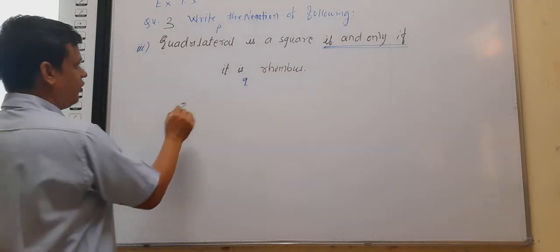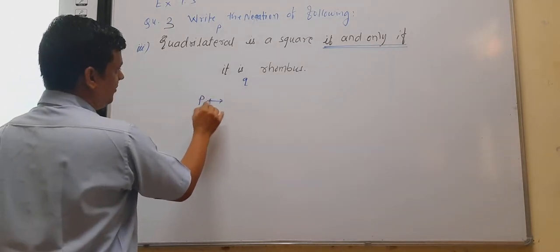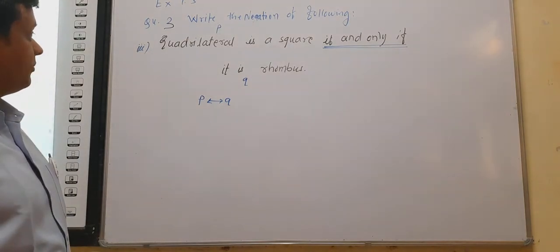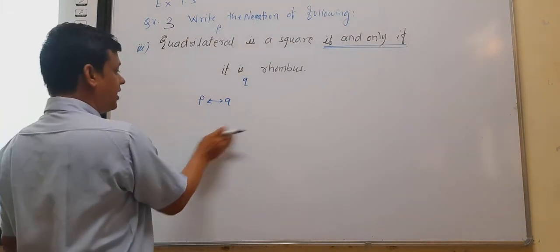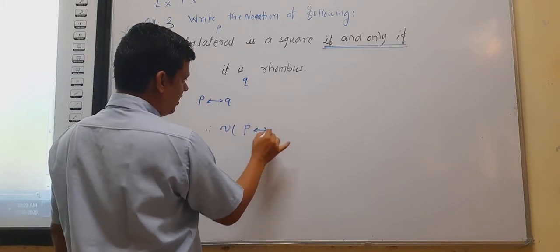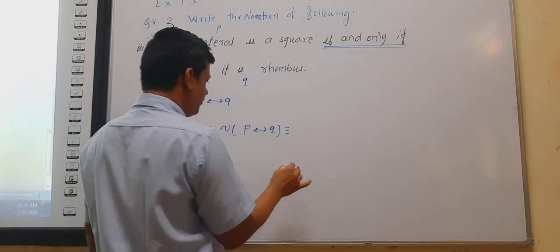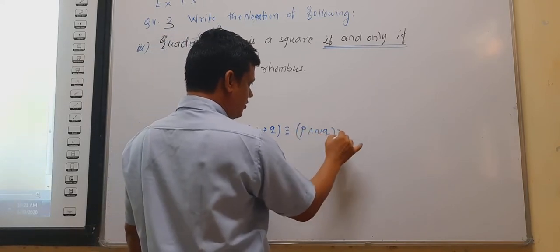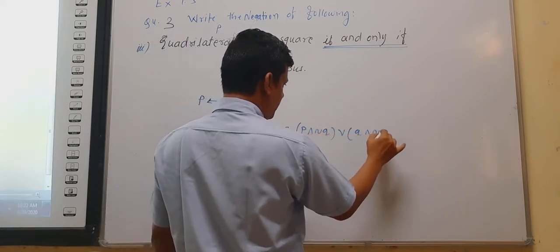So the symbolic form is P double implies Q. We know the negation of double implication: negation of P double implies Q is equivalent with P and negation of Q, or Q and negation of P.